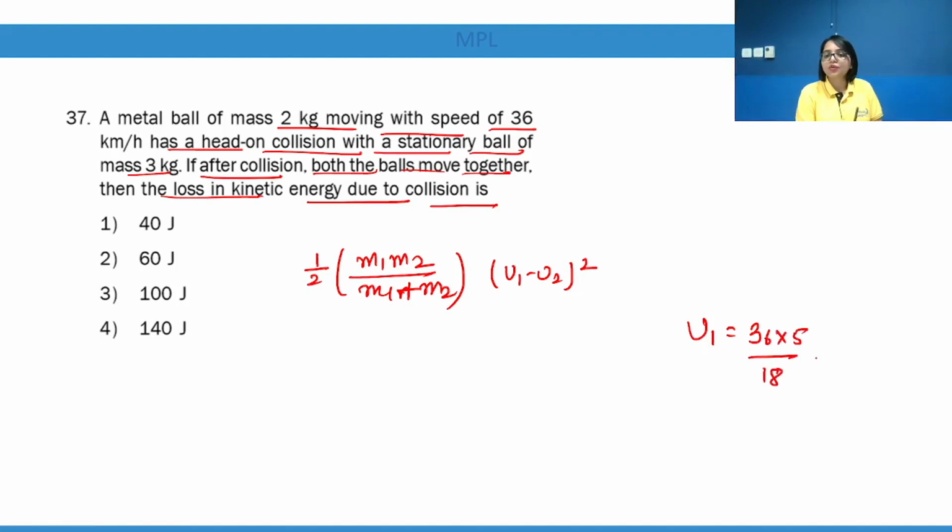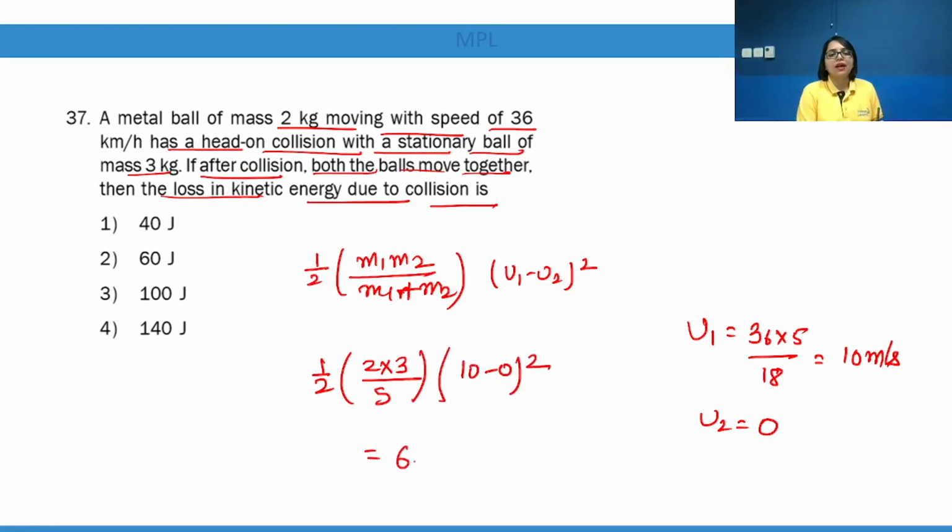Let's convert it into meter per second. So it will be 10 meter per second, and u2 is given as 0. So it will be half, 2 into 3 divided by 2 plus 3, into 10 minus 0 whole square. So the value of loss of kinetic energy due to collision is equal to 60 joules, which is option 2.